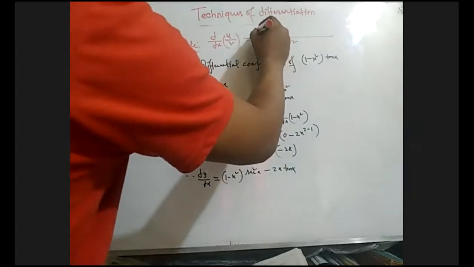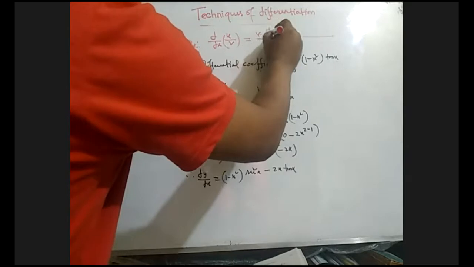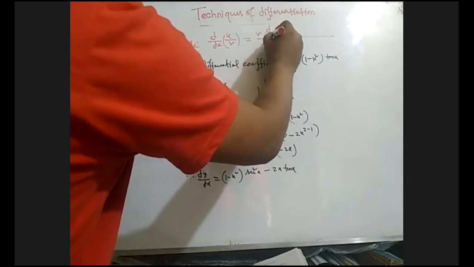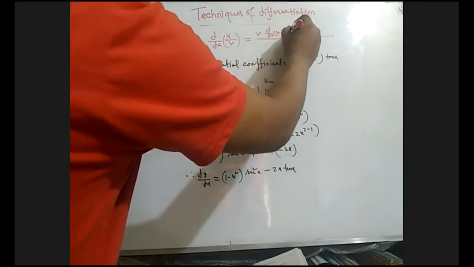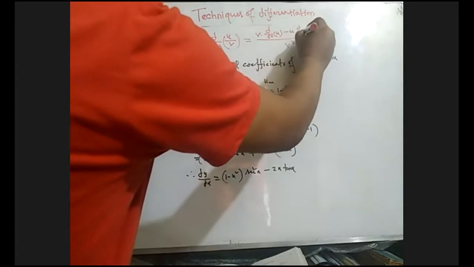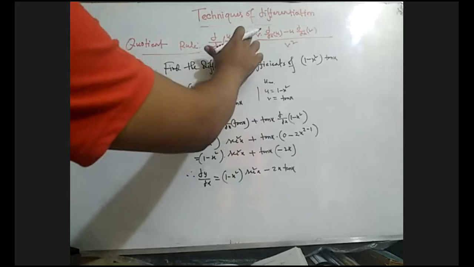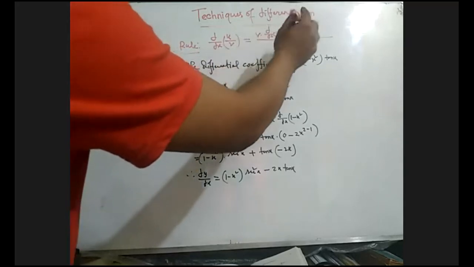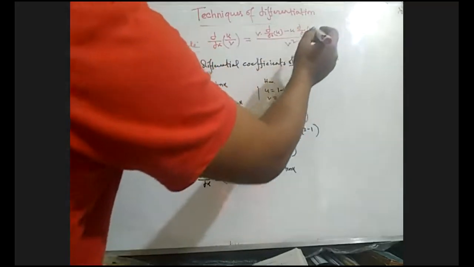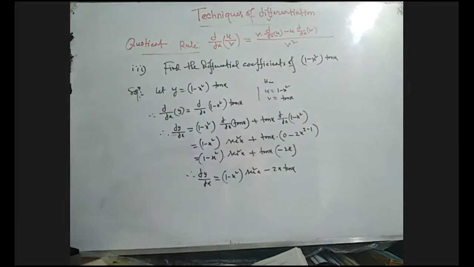And in the numerator we have to start with v into d/dx of u minus u into d/dx of v. Remember this: we have to start with v, and v into d/dx of u minus u into d/dx of v.